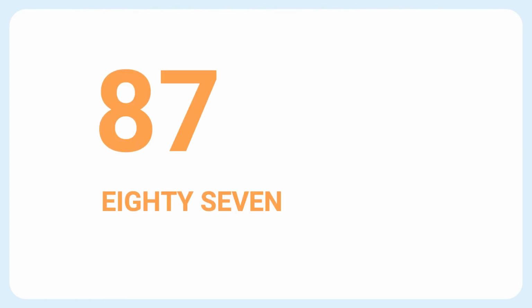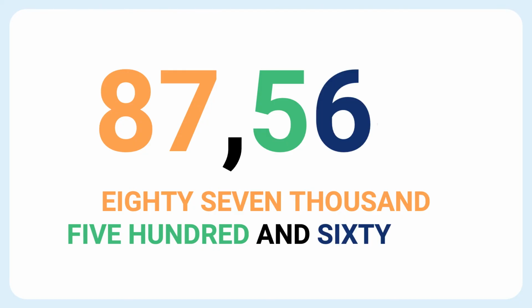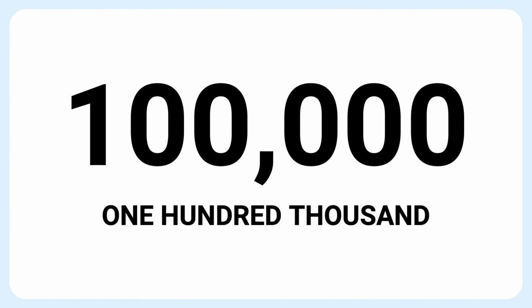And for 87,564, you write it out in words. And to write 100,000, you simply write 1, O-N-E, 100, H-U-N-D-R-E-D, 1,000, T-H-O-U-S-A-N-D. Whoa, this is awesome. We're now writing 6-digit numbers, and you can be confident in their spelling.